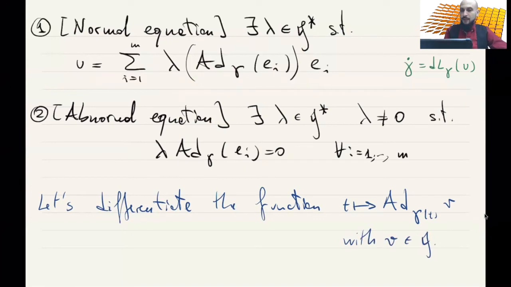Now, in the lecture notes, there is the calculation of this derivative for general groups, but I will do it a little bit differently. I will do it for linear groups. So d over dt of Ad_gamma(t) applied to v. Let's write it for linear groups.